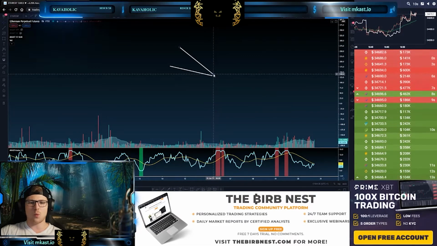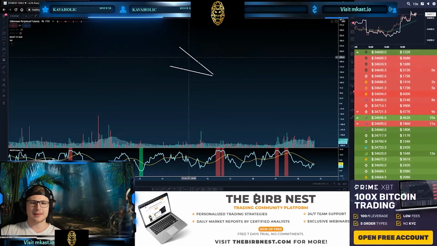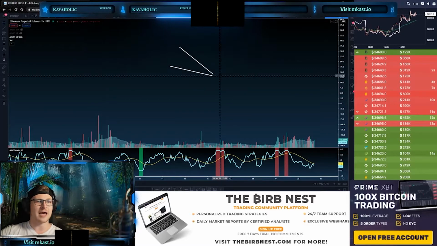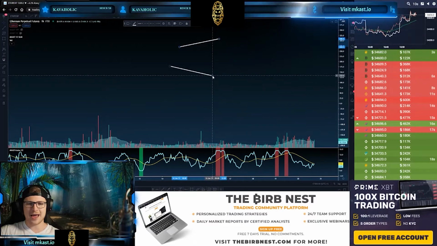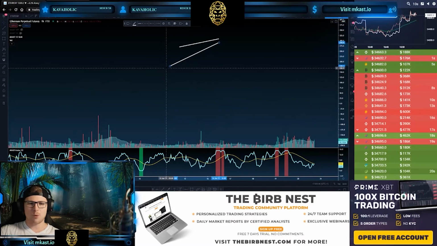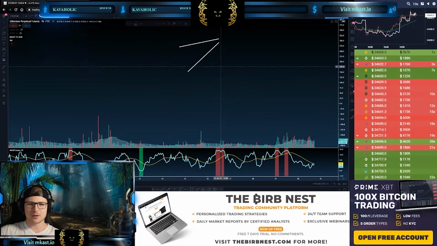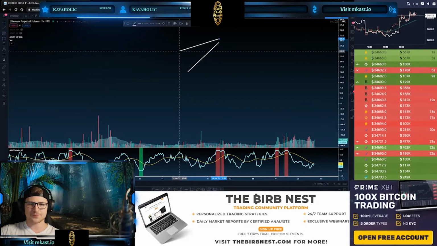Now what happens if this wedge points to the downside? This is then a falling wedge. Then what happens if this wedge points to the upside, like that, for example?